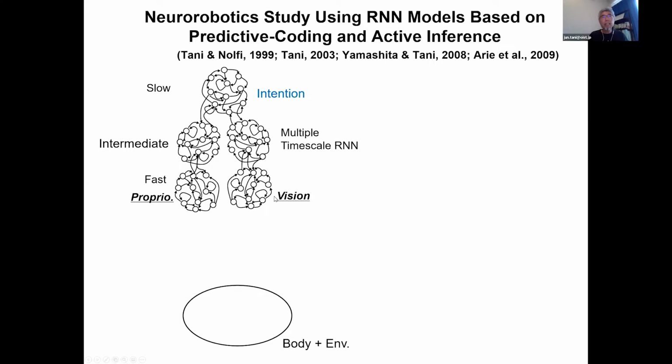The idea is that we have a top-down intention associated with acting, intending to act on the environment with some prediction about vision and proprioception. In this case, proprioception is, for example, I'm going to move my hand in this way.